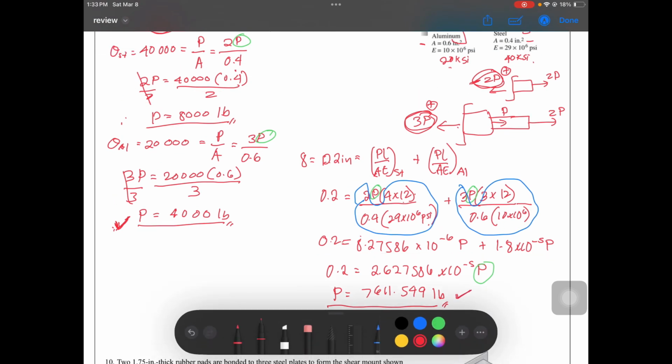So, comparing the 3P that we had, ito yung mag-govern. Hindi pwede mag-exceed dito dahil mag-fail ang ating stress sa aluminum.